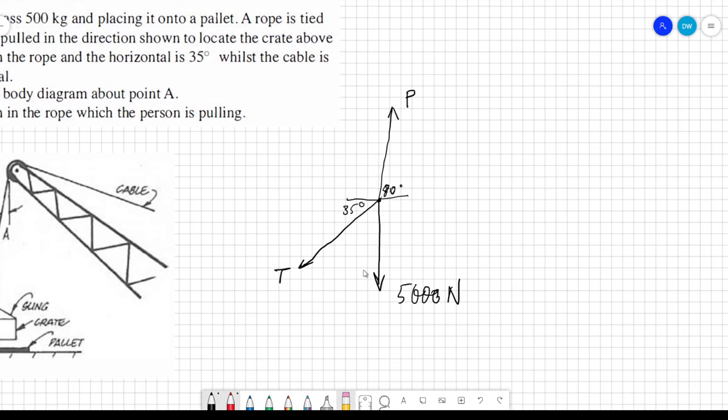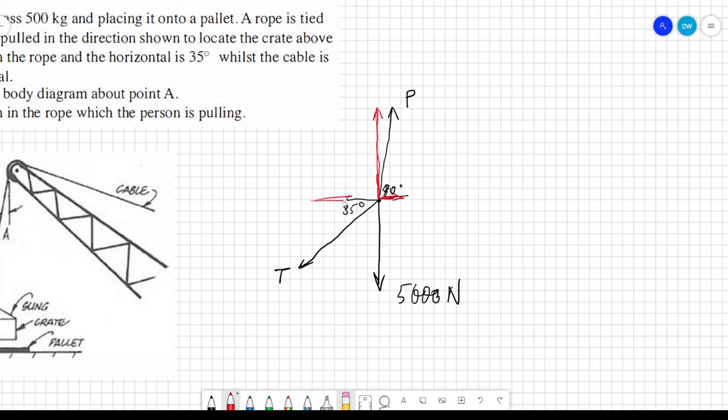So that means we need to figure out how the forces are arranged in this system. The easiest way to do it is to do a force decomposition. So break P and T into their vertical and horizontal components. P has a vertical component, and this is the horizontal component.